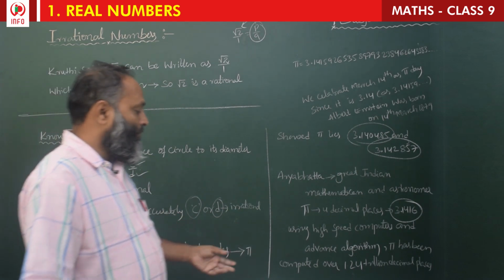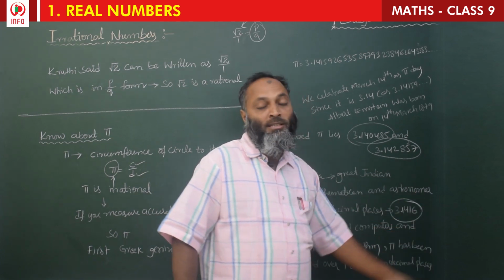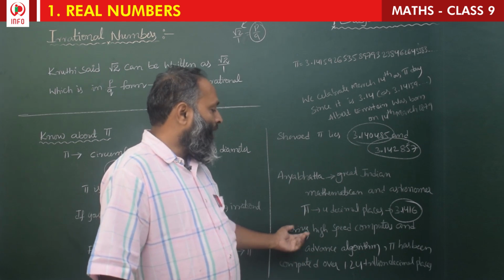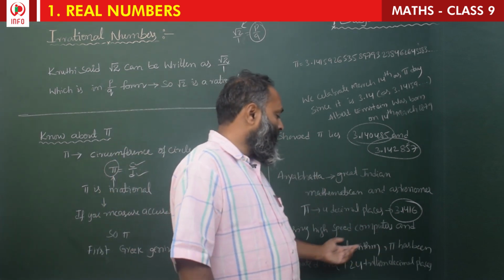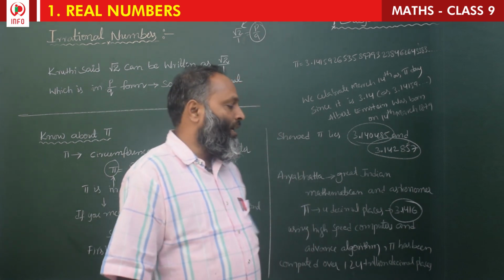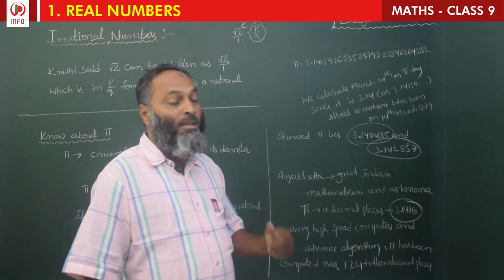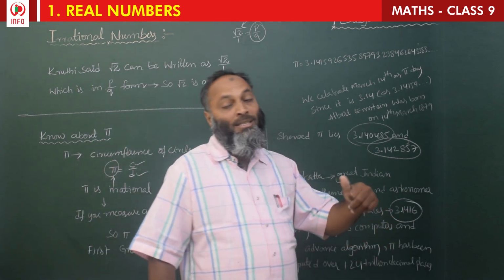And also the value of pi has been calculated up to 1.24 trillion decimal places. With high speed computers and advanced algorithms, using these two techniques, the value of pi was found. How many decimal places? Till 1.24 trillion decimal places.